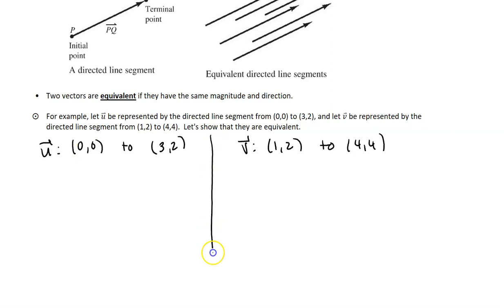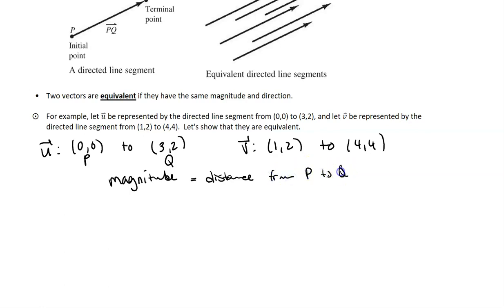So for u, we'll let this be P and let this be Q. So the magnitude in both cases is the distance from P to Q. And remember, the distance formula is the square root of (x2 minus x1) squared plus (y2 minus y1) squared.